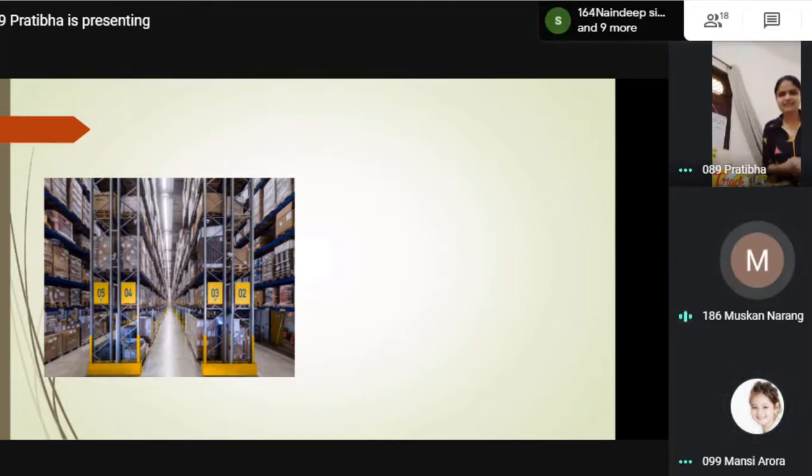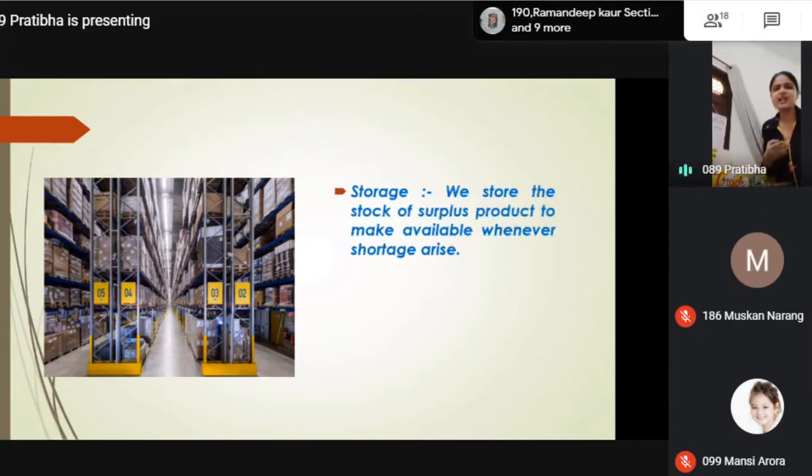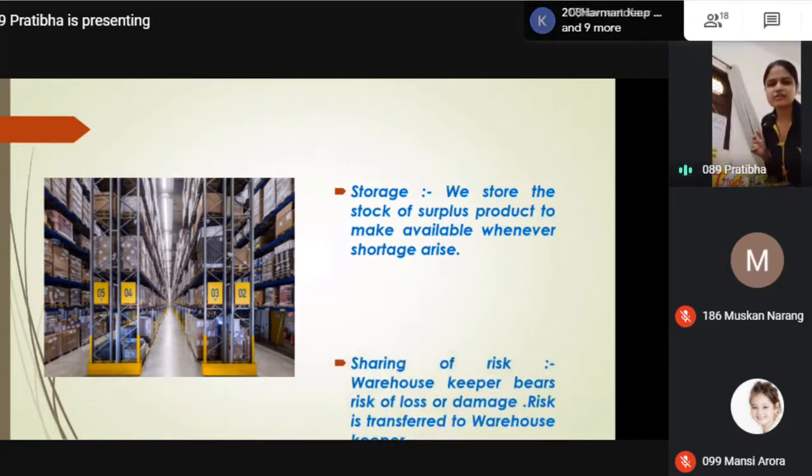They are sorted properly as per the numbers. Yes, very good, Muskan. Goods are stored properly. We store the stock so that surplus product is made available whenever a shortage arises. Whenever the need arises in the market, we transfer the goods from the warehouse. These are the functions of the warehouse.